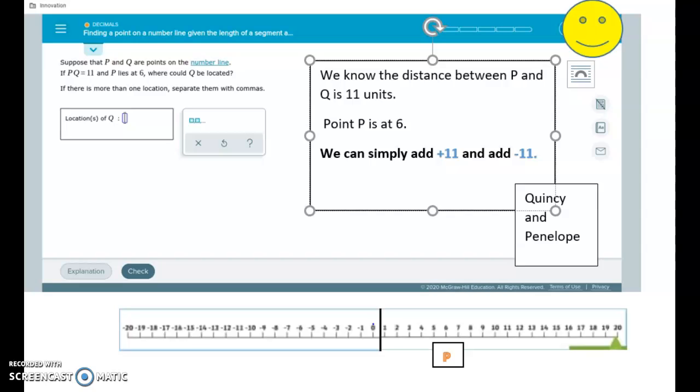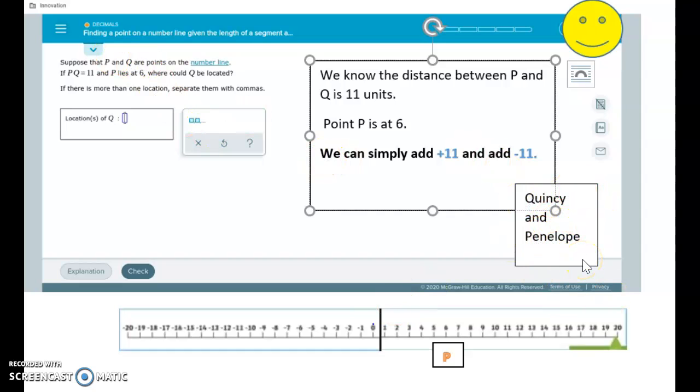Suppose that P and Q are points on the number line. Some of you probably know what that means, but just in case you don't really get what they're trying to say, I'm going to give P and Q names. Let's pretend that Q is someone named Quincy and P is someone named Penelope.